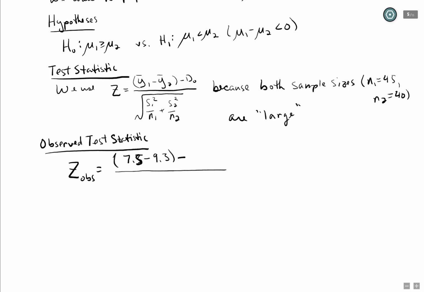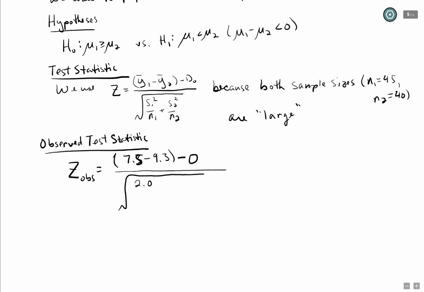So I'm running that through the test here. That's the whole point of the test. Take the difference of the sample means, subtract off d naught. What's d naught here? Well, it's 0. The null hypothesized difference of mu1 and mu2 is 0 in this situation. Then I'm going to divide by the standard deviation.